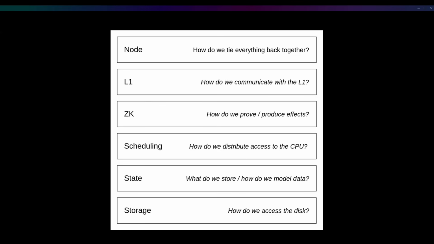A lot of DLT source code is very intertwined. So for example, if you want to schedule access to your resources, the scheduling has certain requirements for the storage, for example, in respect to caching, that some state that you just loaded and need to write back to disk, that you can have it in some specific cache, so it can be loaded again, which makes the whole code base very complicated.